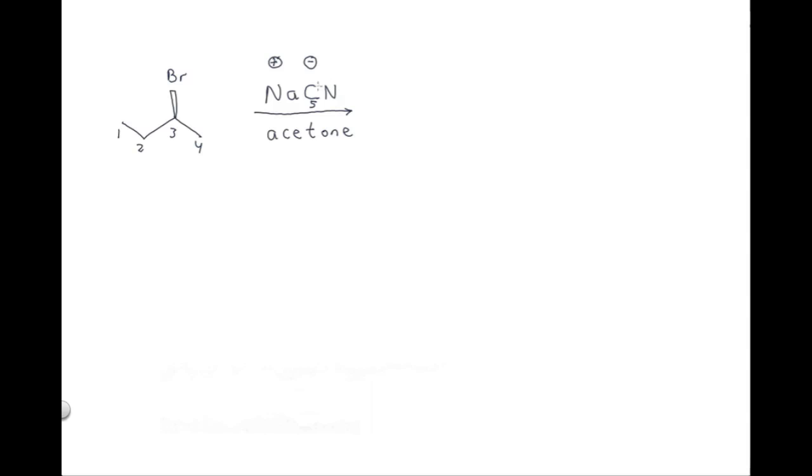Instead, we'll expect the negative carbon to be the nucleophile because of the negative charge. Because of this bromine, carbon 3 is delta positive, which makes carbon 3 our electrophile. We've memorized that neutral bromine is a good leaving group, which makes carbon 3 our alpha carbon.